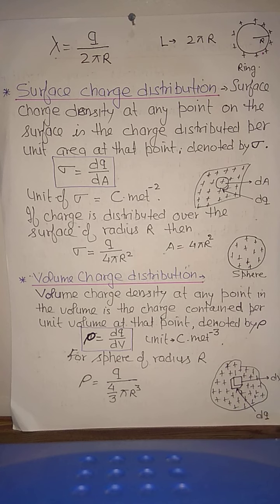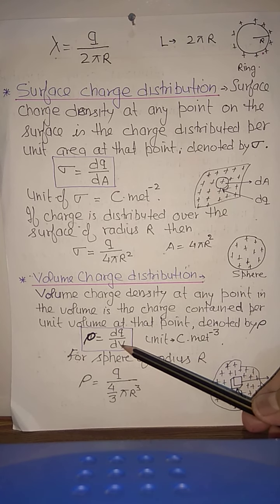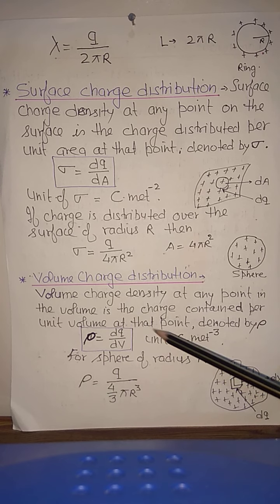This is a three-dimensional figure. Charge is uniformly distributed. This is a small volume dV, and the charge here is dq, and therefore volume charge density rho is equal to dq upon dV. What will be its unit? Coulomb per meter cube, that is coulomb meter minus 3.